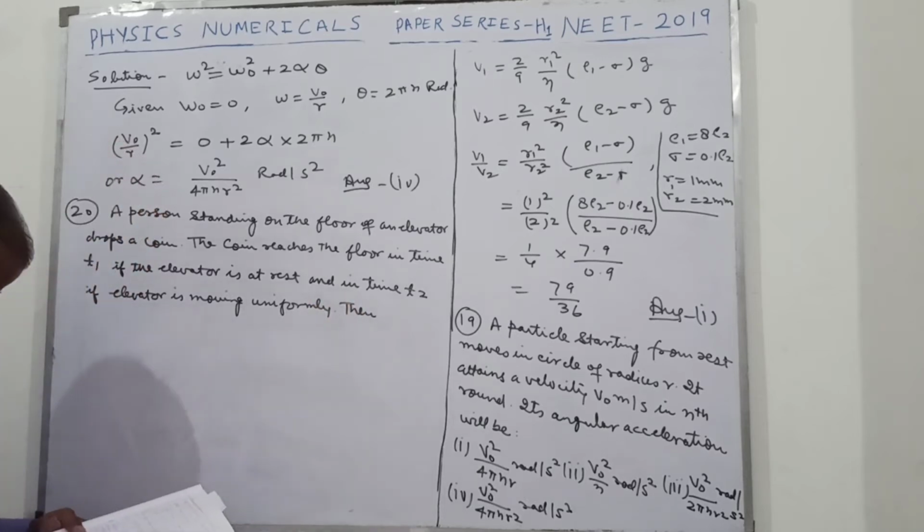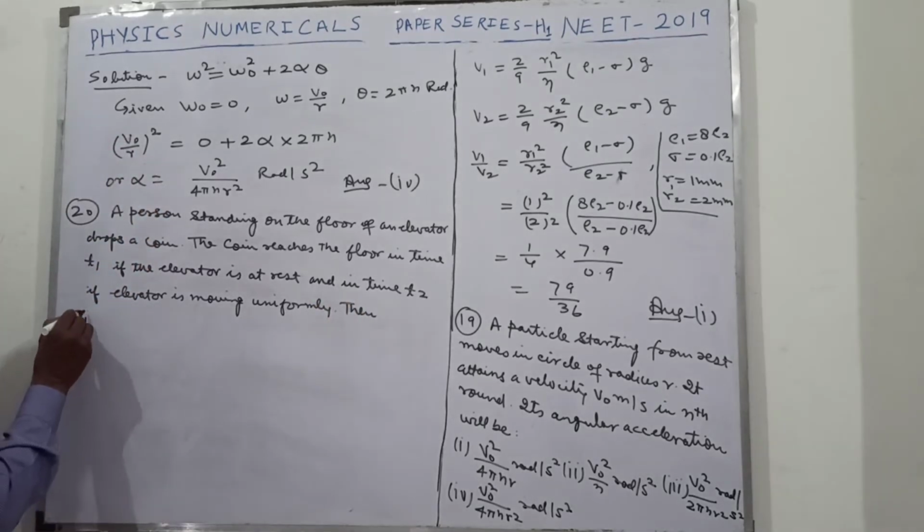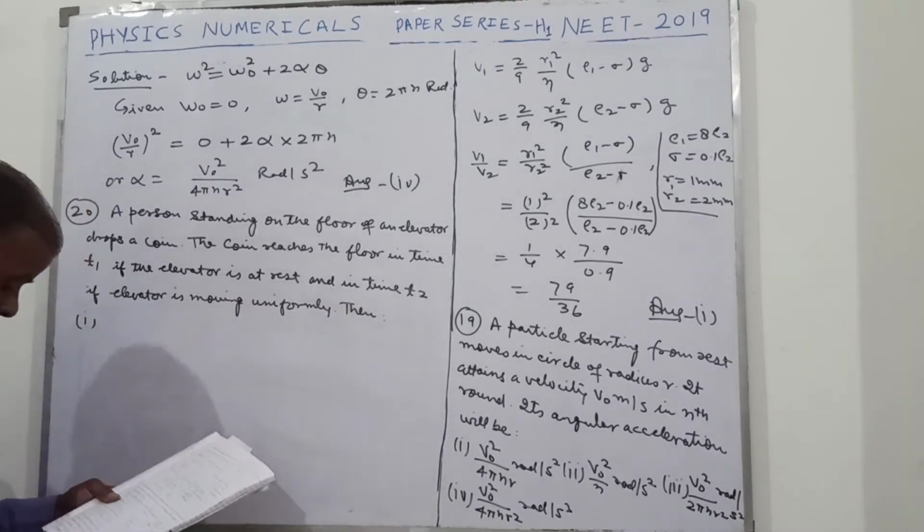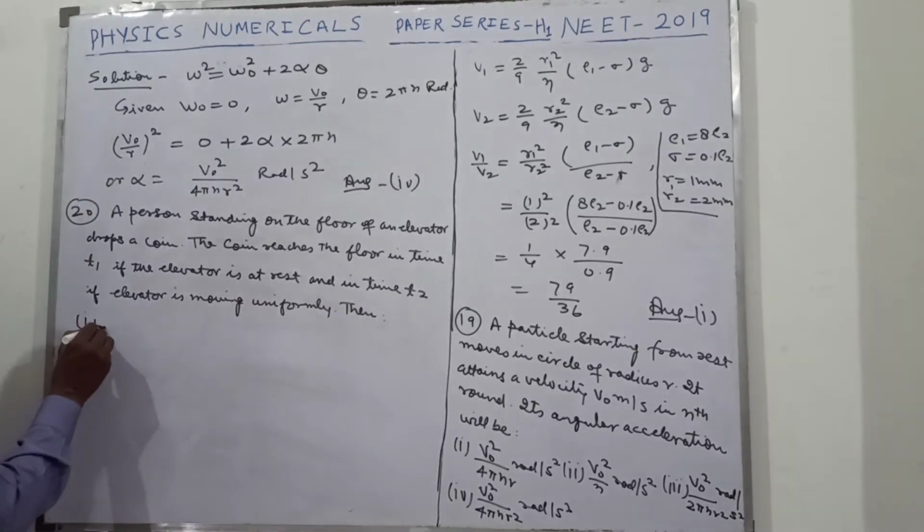Then we have the options. First is T1 equal to T2.